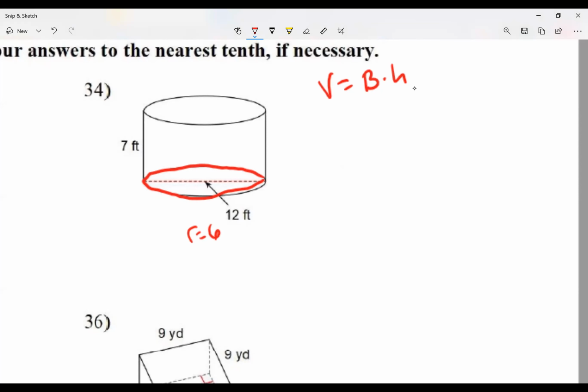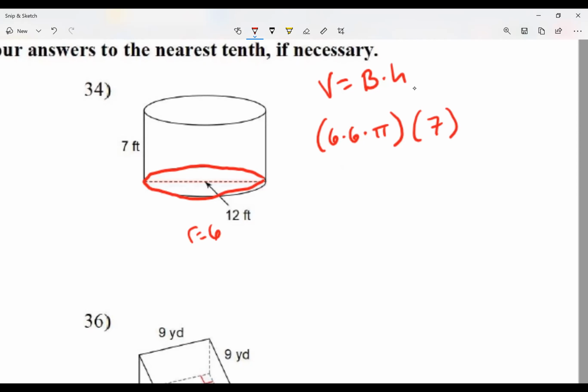So for the area of the base, my circle, I have to go 6 squared times pi. Radius squared times pi, we have to remember the area of a circle. The height in this case is 7. So I'm just going to type it all in.